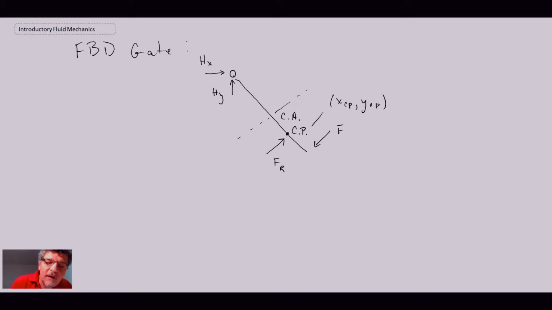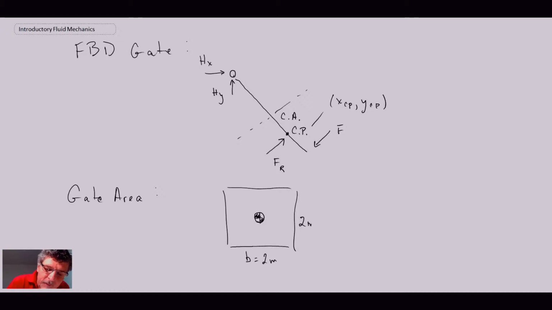Okay, so let's take a look at the gate area. We're told that it is a square gate, and consequently we have the center of area located symmetrically at that location. B is 2 meters wide, and it's 2 meters in the vertical, and I'll define those as B and L. So we know through geometry the area is 4 meters squared.